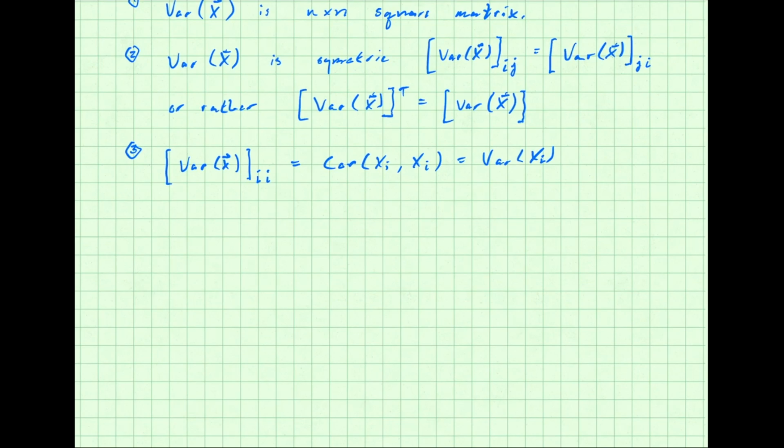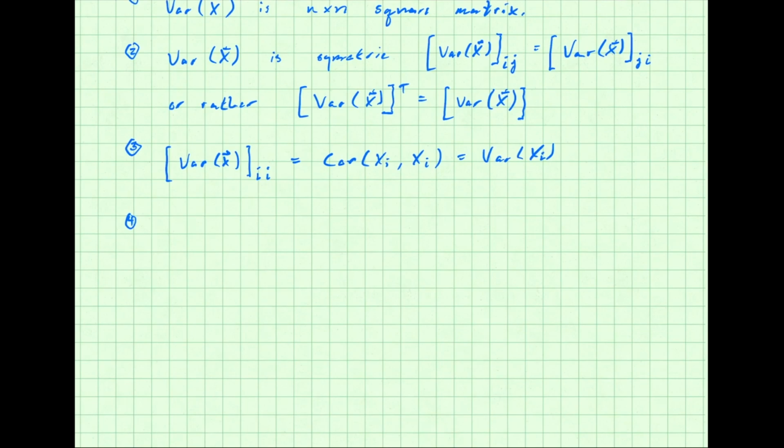Okay, and then the fourth property: if the components of the random vector, x1, x2, up to xn, are all independent, then all of their covariances are 0.